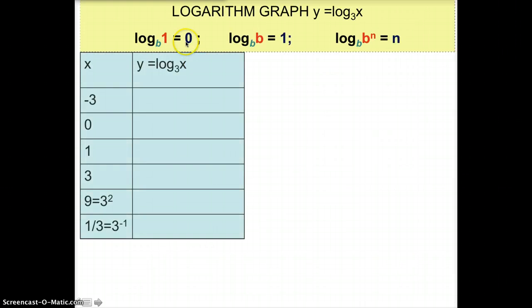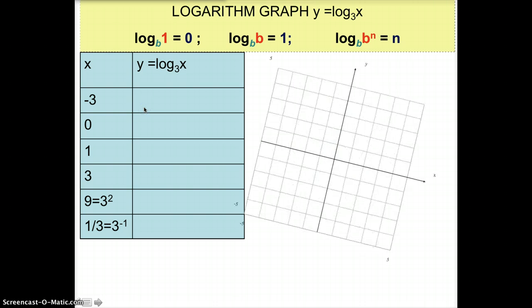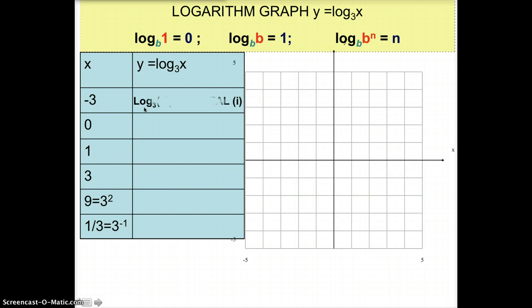When we apply these logarithm rules up here at the top, these are the 3 basic logarithm rules. When I want to graph in log base 3, I want to pick numbers that are friendly to base 3. An example of that might be maybe -3. But remember, according to our logarithm rule, a -3 is not allowed.